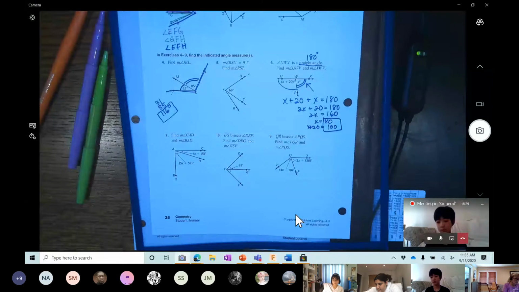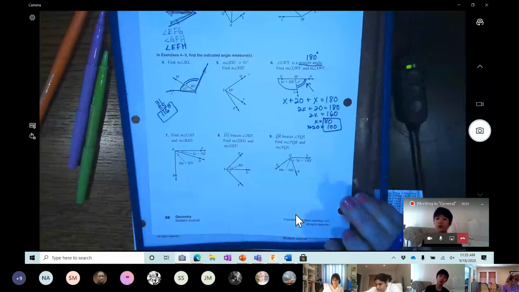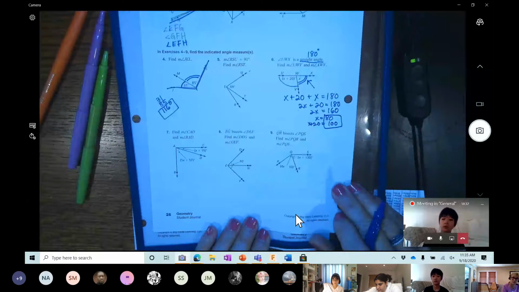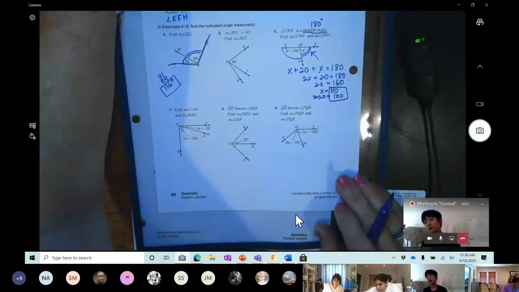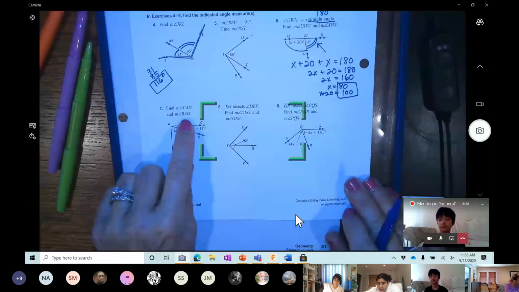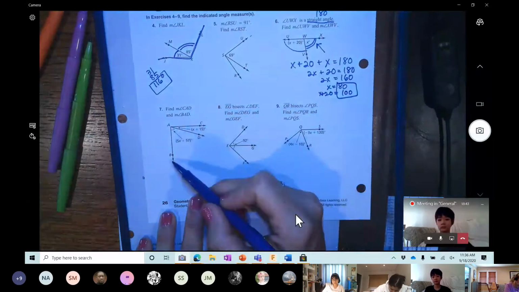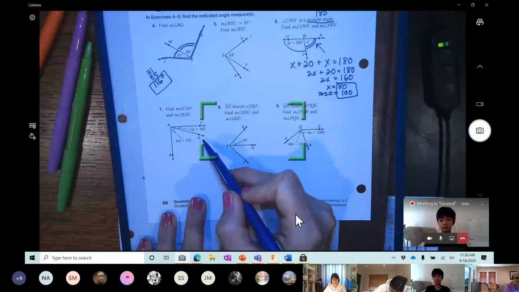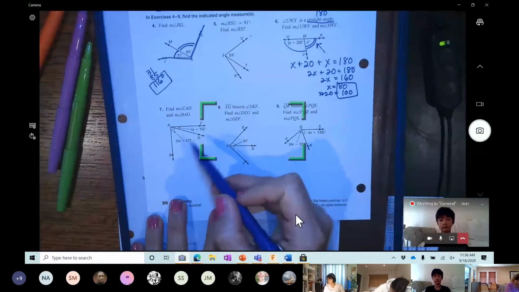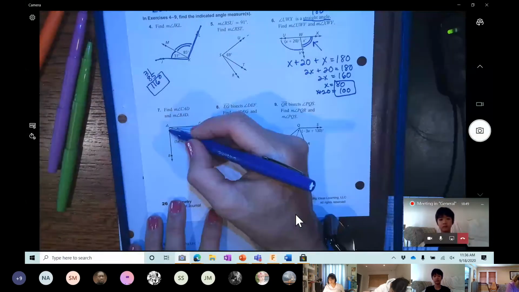So moving on, another couple symbols you're supposed to know are find CAD and BAD. So CAD is this small one, and BAD is this big one. And this symbol here means it's a right angle.